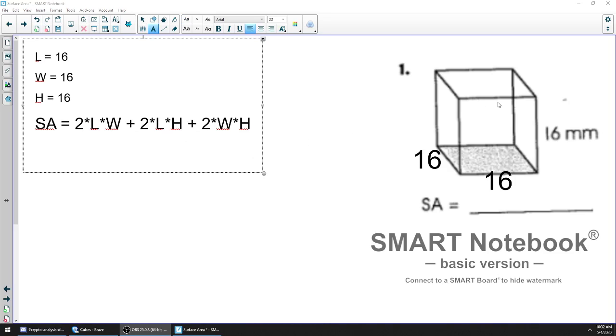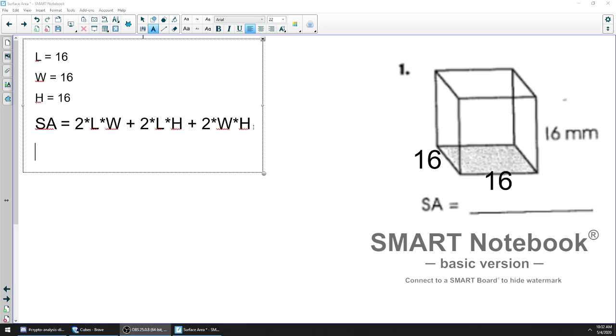So when we look at the first problem, I kind of already did it for you. But here's the height, which is 16. Remember, cube, all the sides are the same. So my length is 16 and my width is 16. I write that down. Length equals 16, width equals 16, height equals 16.